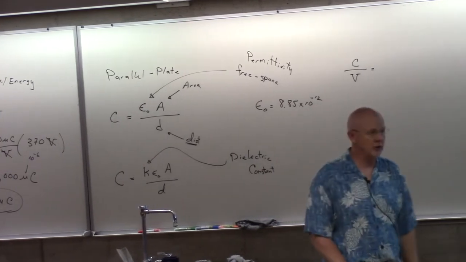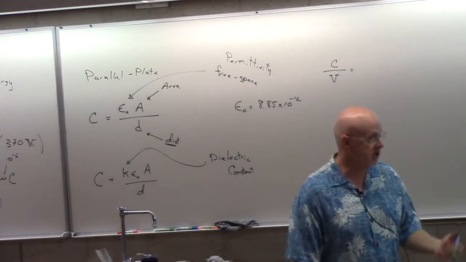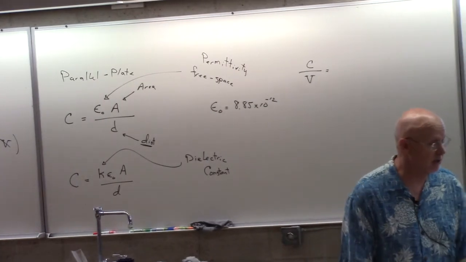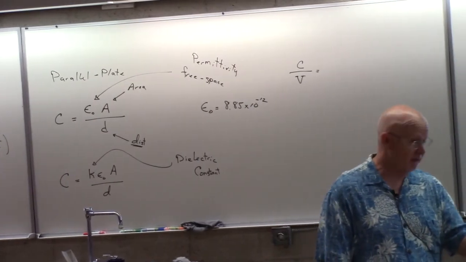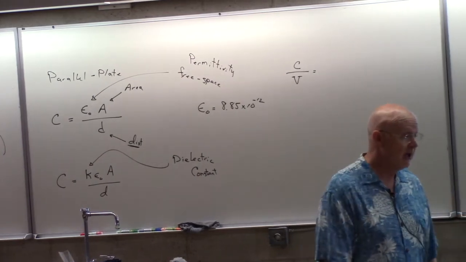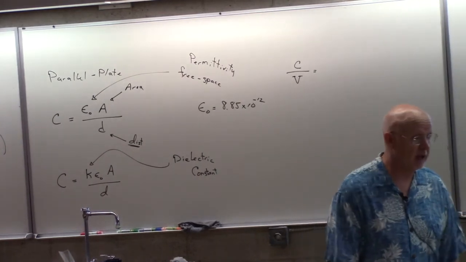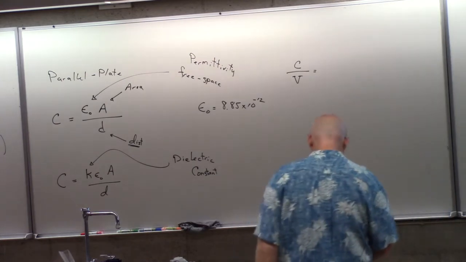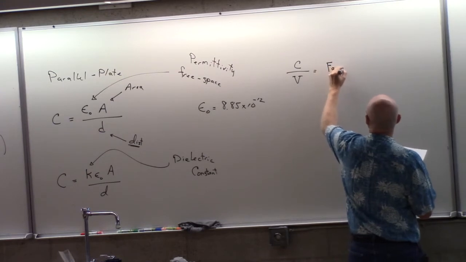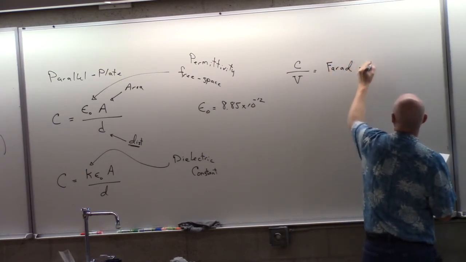And so I told you we're going to see a lot of this. It starts with Newton. We saw it last semester, but not nearly as much as we're going to see it this semester. We named the units after these great scientists in their field. So we had Newton, we had watts, we had joules, and so far we've had volts. But here is one after Faraday, and so it's called a farad, capital F.